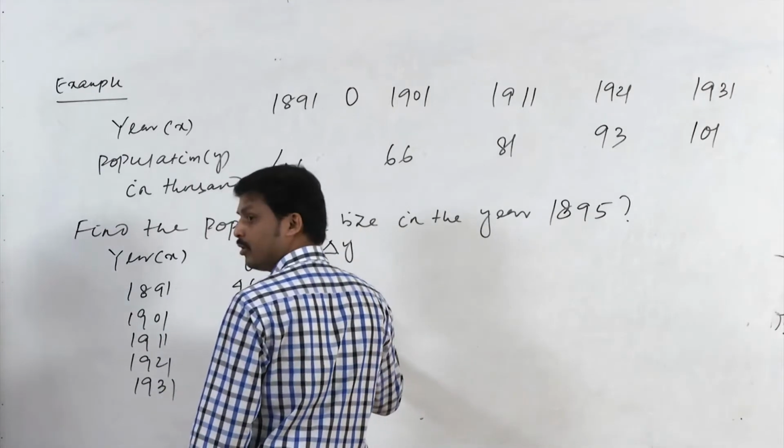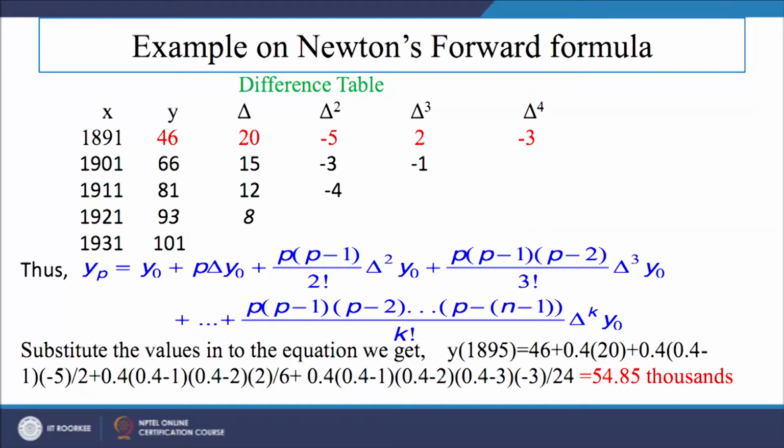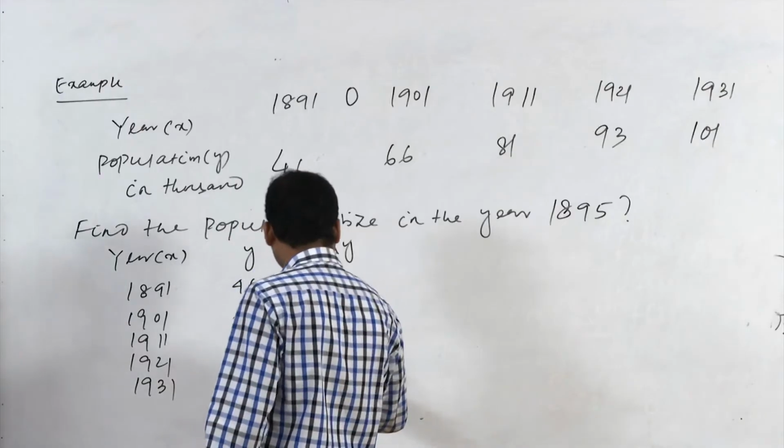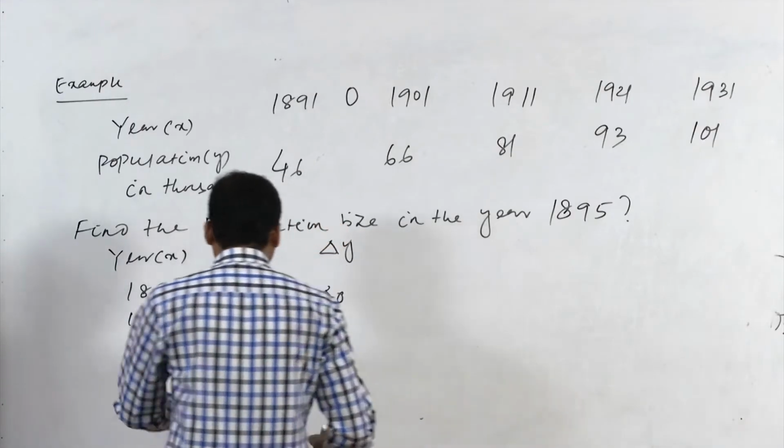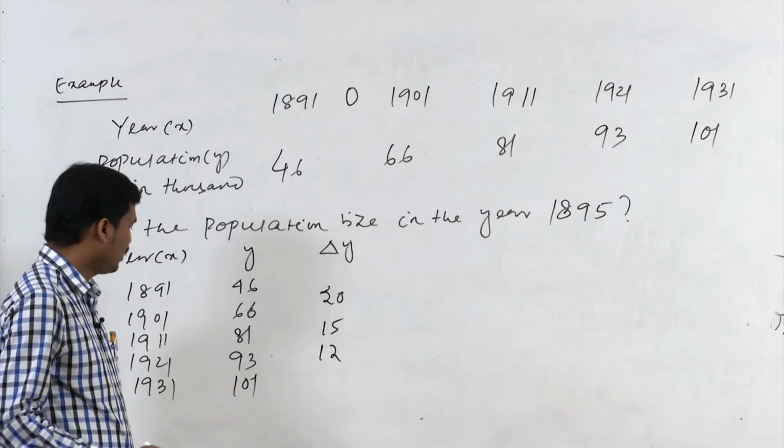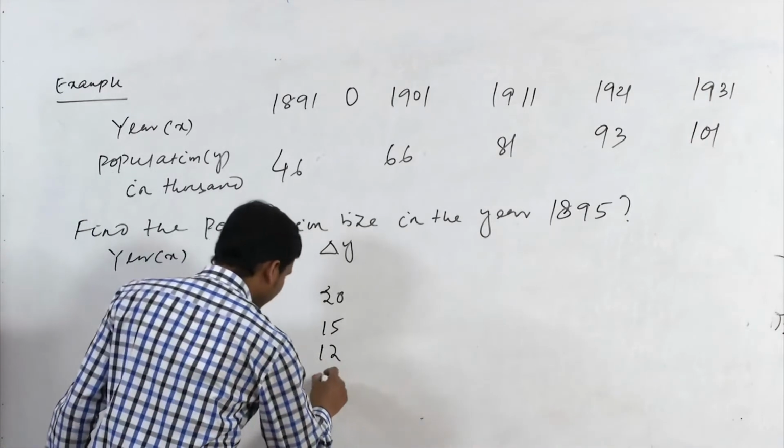For the first difference, del y: 66 minus 46 gives 20, 81 minus 66 gives 15, 93 minus 81 gives 12, and 101 minus 93 gives 8.